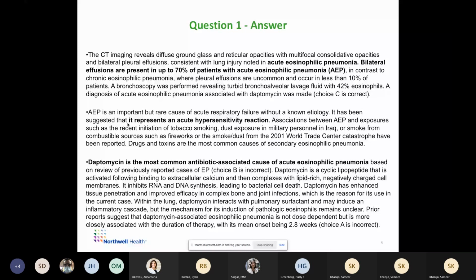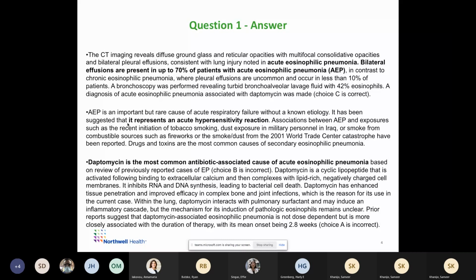But really, recognize that daptomycin can cause a type of respiratory failure. And they further go on to suggest that AEP may be an acute hypersensitivity reaction. And it's also associated with exposure to other things such as tobacco smoke, dust exposure, military exposures, and such. So something that we have to be on the lookout for.